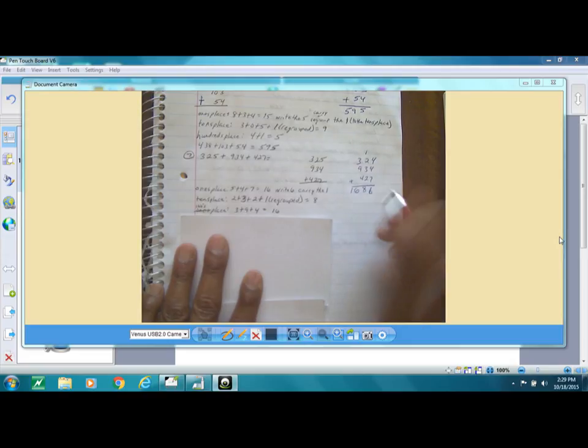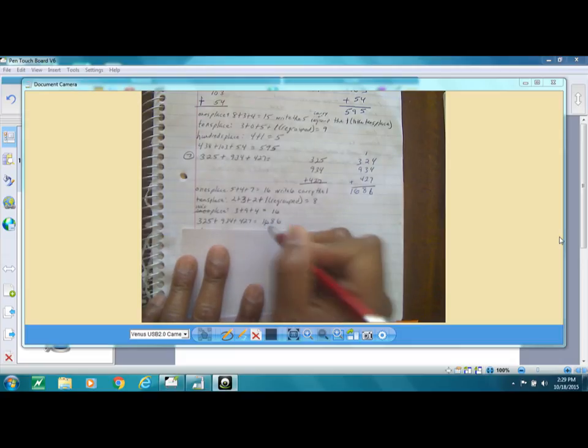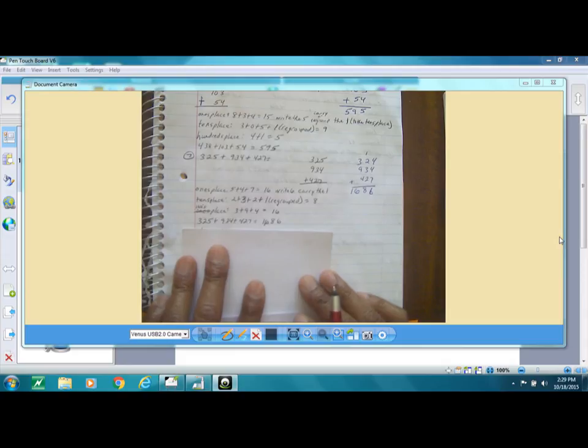So we write the 16. So 325 plus 934 plus 427 equals 1,686.